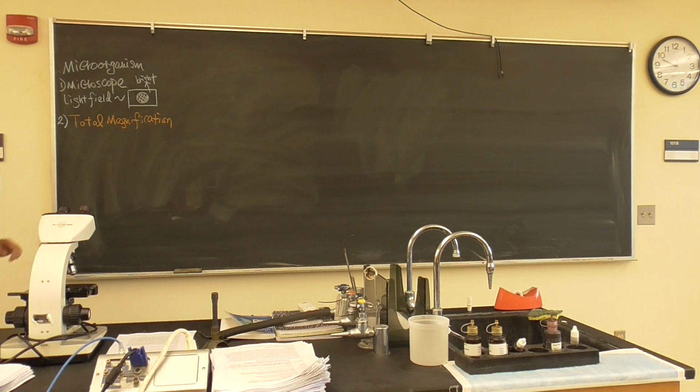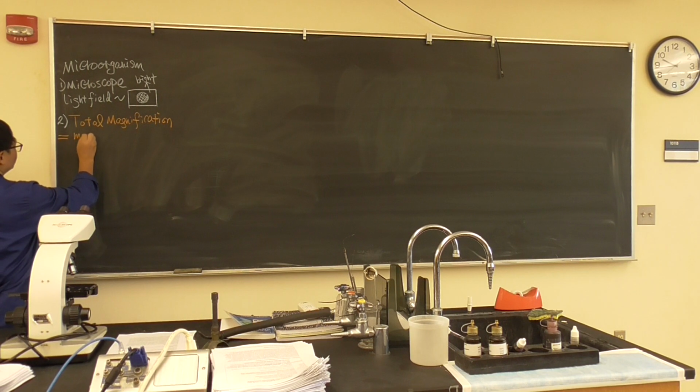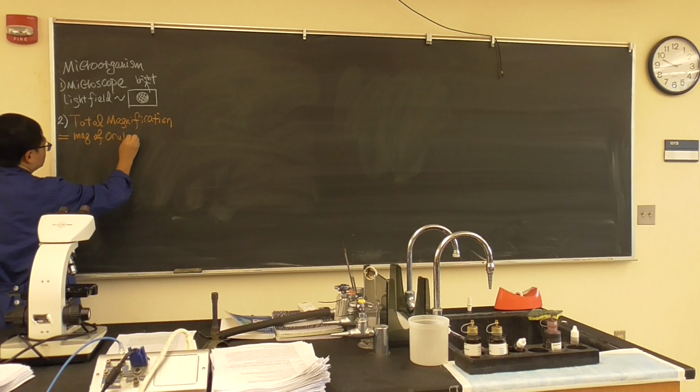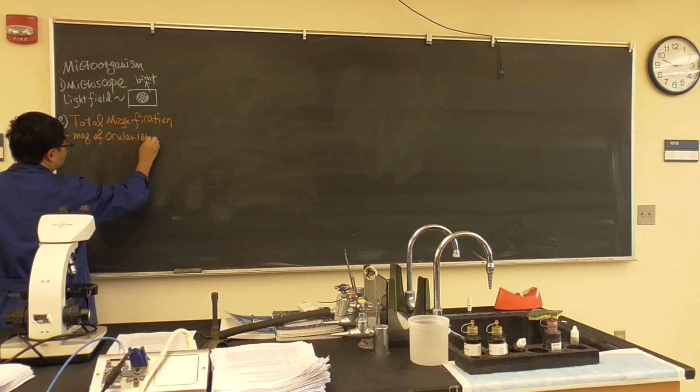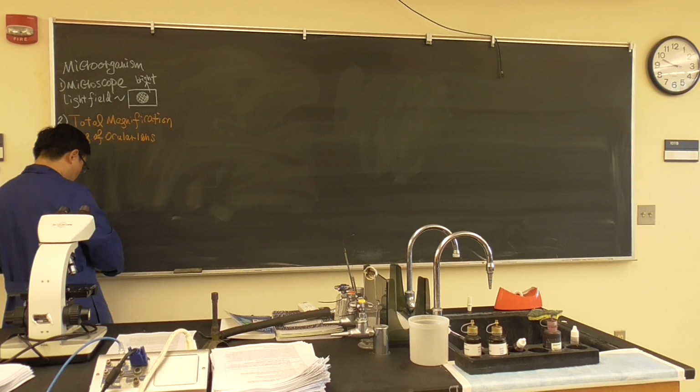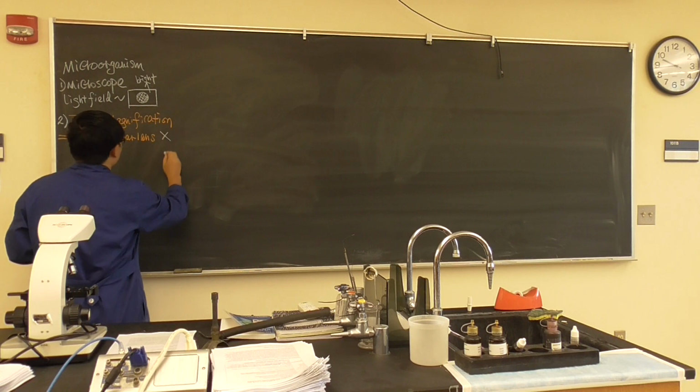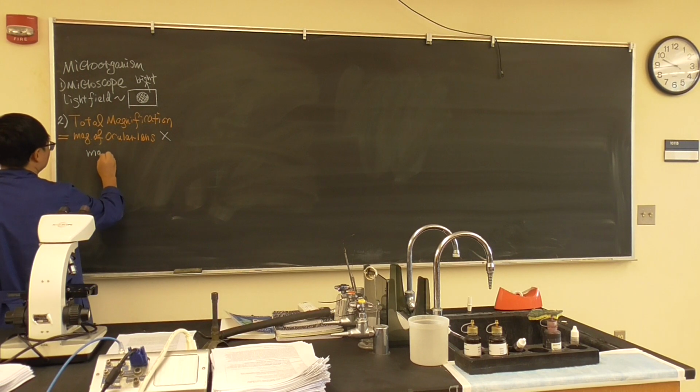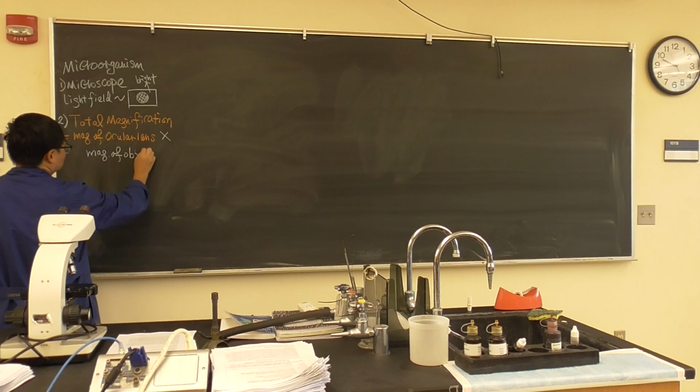There is a very simple formula for the total magnification, do the calculation. It is the magnification of ocular lens multiplied by the magnification of objective lens.